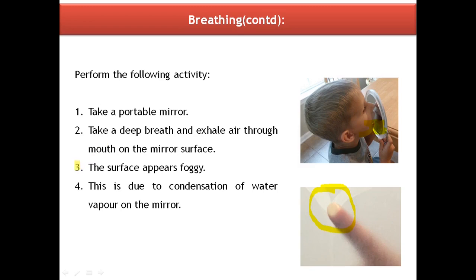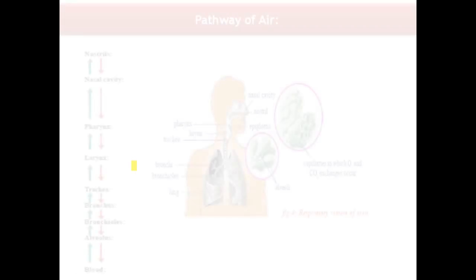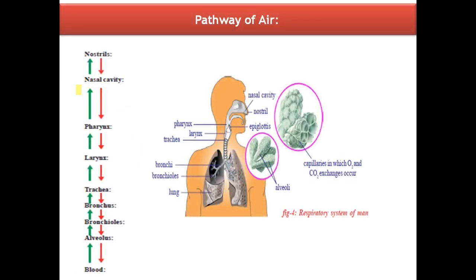At this point, we need to study the pathway of air and mechanism of breathing in respiration to know how air reaches alveoli or air sacs in the lungs and how it comes out of the lungs. So, let's move on to know the pathway of air.